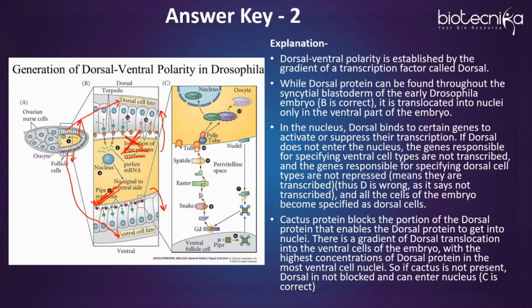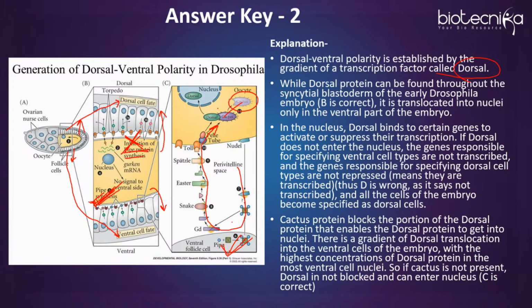I'm just telling you the gist of the story. Now, if pipe protein is there, what happens? We have to connect it with the dorsal protein, right? So just remember, if pipe protein is there, there is a signaling cascade, not going into detail. If pipe protein is there, it degrades cactus. See how cactus is degraded?